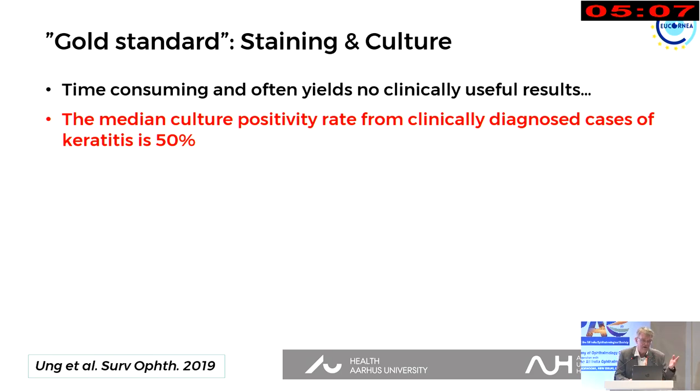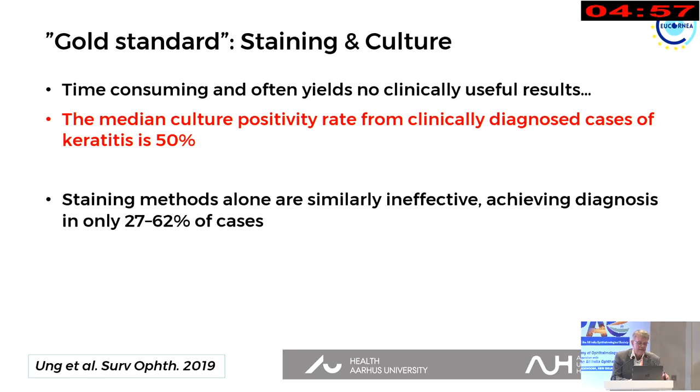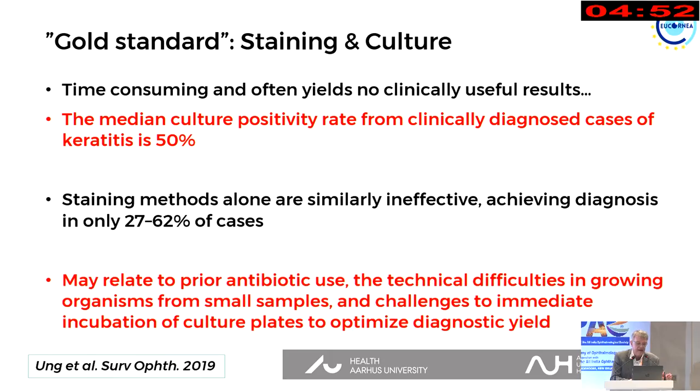So many times we have to rely on our clinical observations and choose a very broad spectrum antibiotic. The same is the case with staining methods, where you rarely get a clear diagnosis. And why is this? Because the patient has an infection with bacteria, and it can be related to prior antibiotic use. It can be difficult to grow organisms from small samples, and there can be challenges to immediate incubation of culture plates to optimize diagnostic yield.